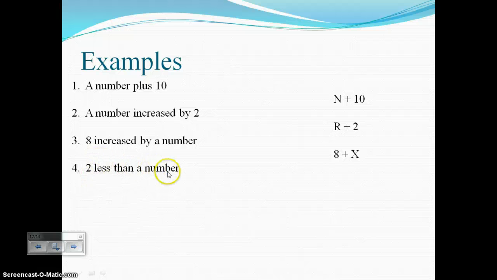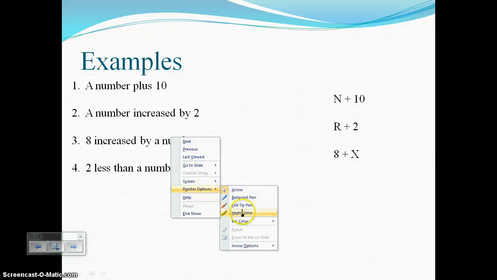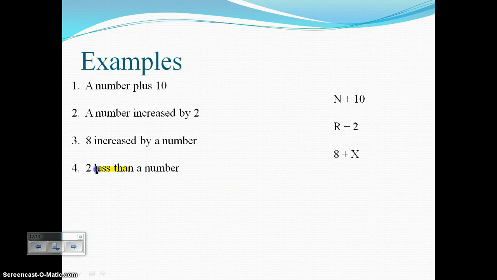Now this one's a little bit tricky. 2 less than a number. "Less than" is a tricky one. There's no "is" in front, so we know we're going to use a minus sign. However, with "less than," whatever is in front of the "less than" is going to go behind the minus sign, and whatever is behind "less than" is going to go in front of the minus sign.